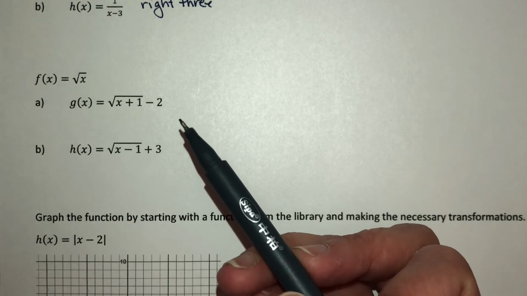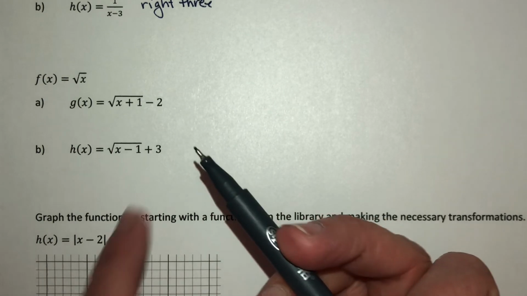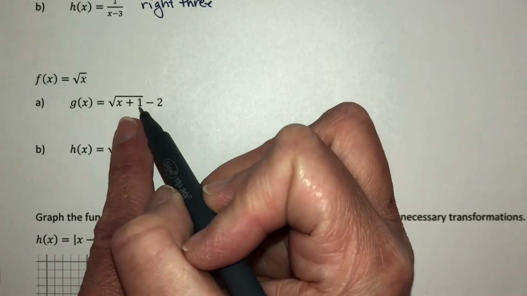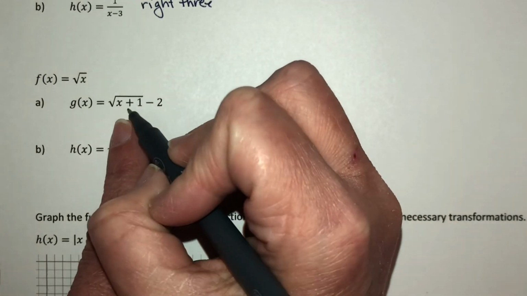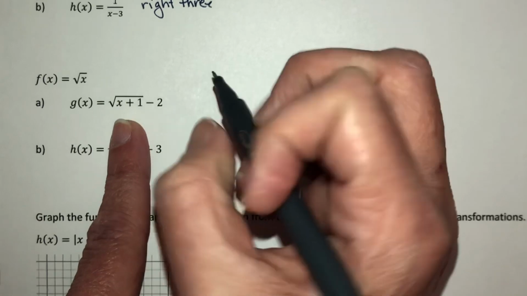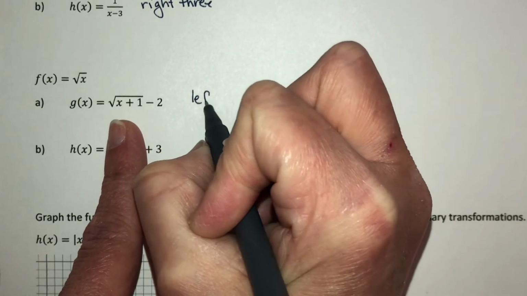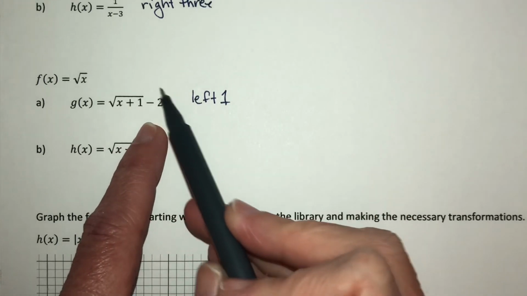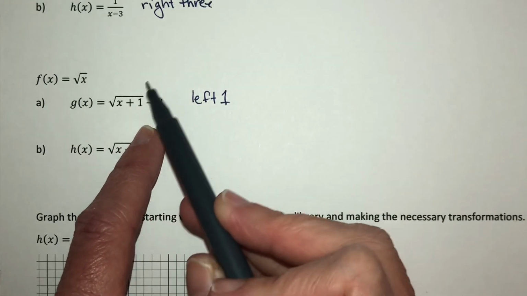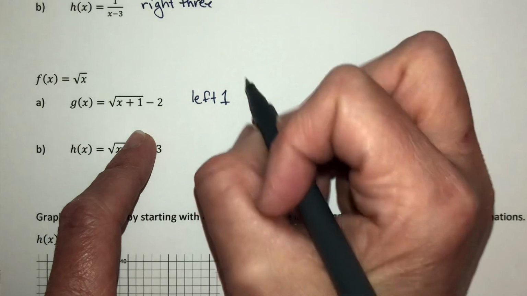So we have horizontal and vertical shifts going on. Here, the 1 is inside the root, so that is a horizontal shift, and we are going left 1. And then we have a -2 over here on the outside, so this is going down 2.